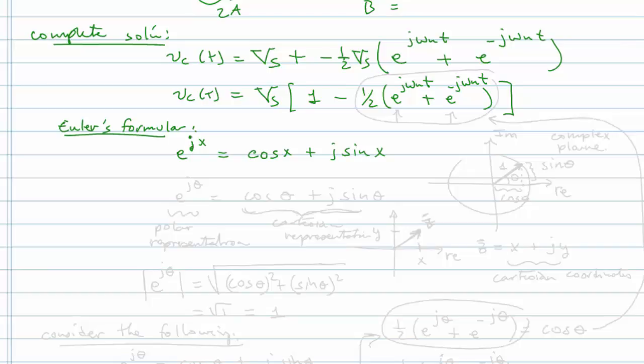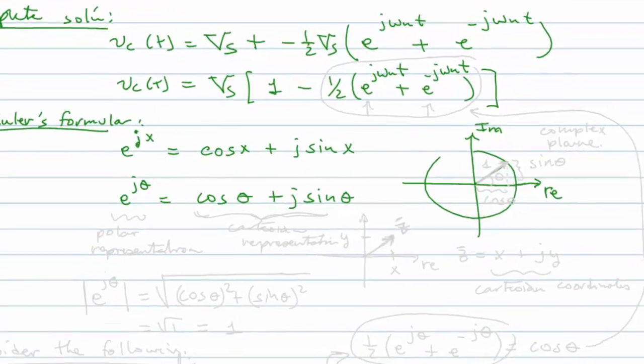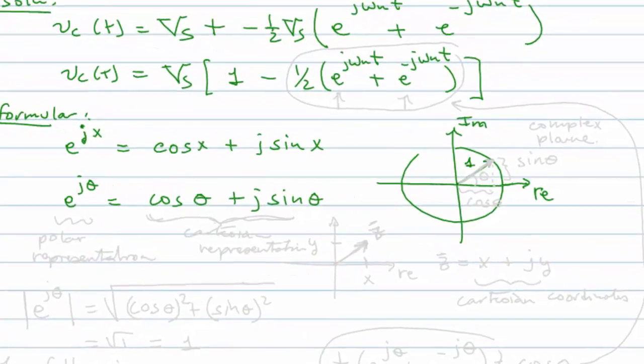Or maybe it's better to say e to the j theta is equal to cosine theta plus j sine theta. If you think of a unit circle, and you have a real axis and an imaginary axis, and a unit vector along here, and we have an angle theta, this distance here is cosine theta, and the vertical distance here is sine theta.